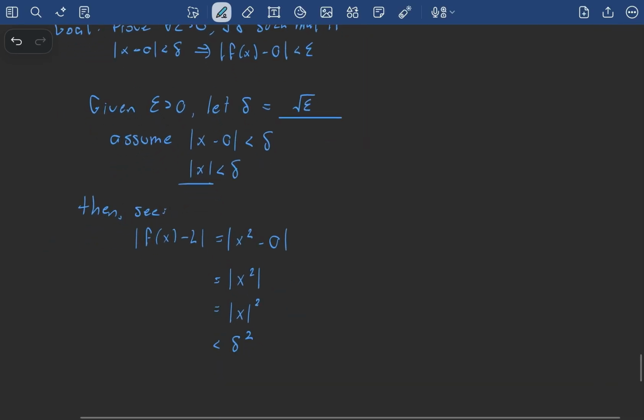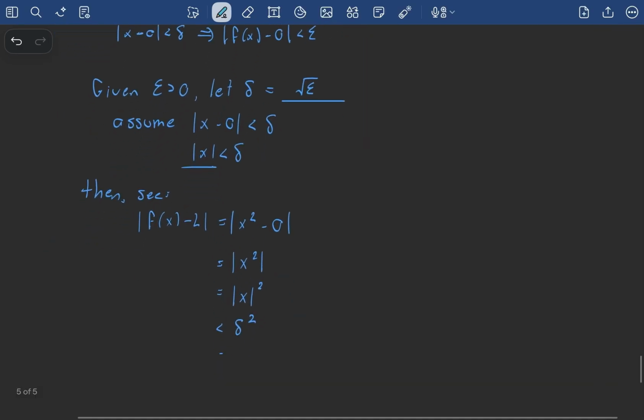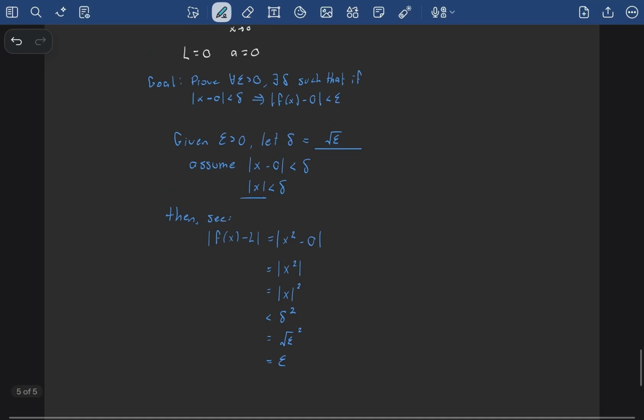And if we pick delta to be the square root of epsilon, what we end up getting is the square root of epsilon, squared, equals epsilon. Alternatively, if you couldn't see that from the start, once you get to this point, you know that you want delta squared to be equal to epsilon. This is in your side work.